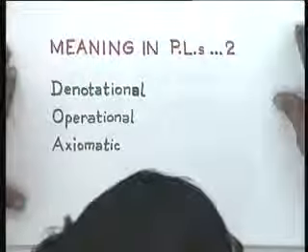And all these three viewpoints have to somehow gel together. So we won't go into great detail about these three viewpoints. So these three viewpoints form the subject of semantics of programming languages.